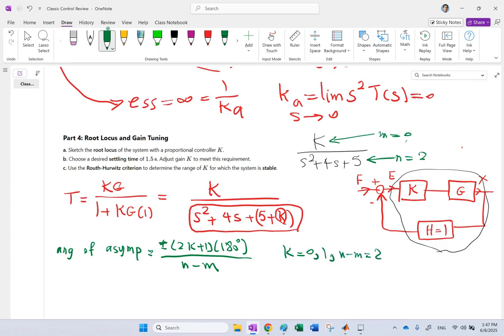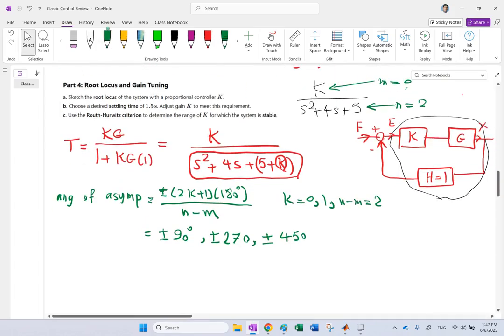So k could be 0, 1, and 2. If I plug in 0 here and n minus m is 2, your angle will be plus and minus 90 degrees. If I plug in 1, you get plus minus 270. And if I plug in another one, it is plus minus 450. All of these angles are basically the same, plus minus 90 degrees.